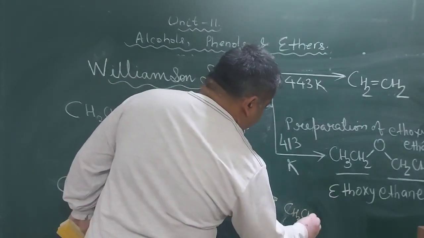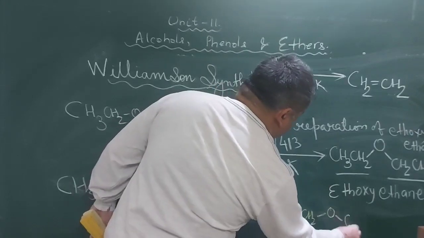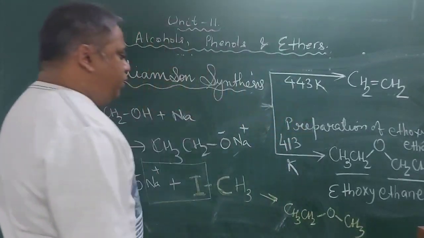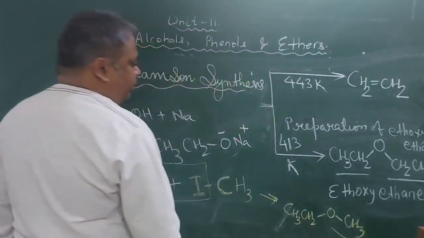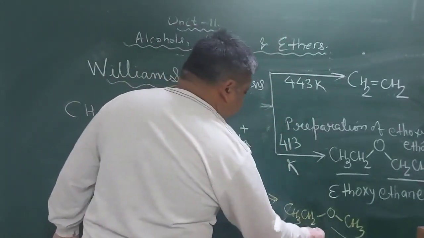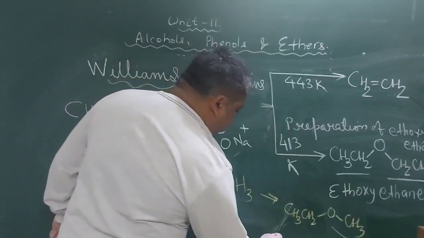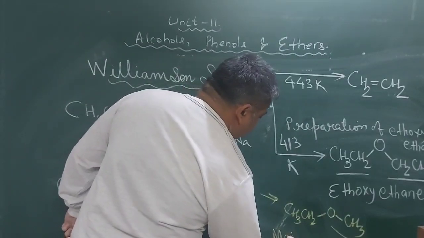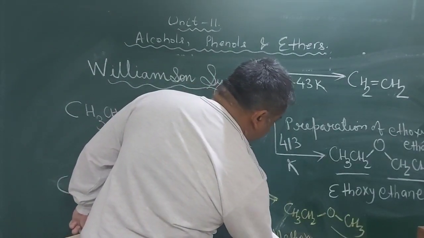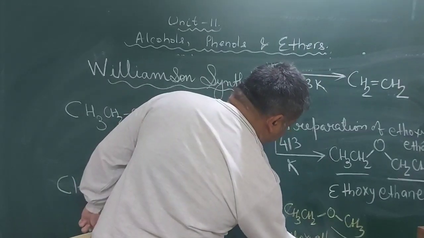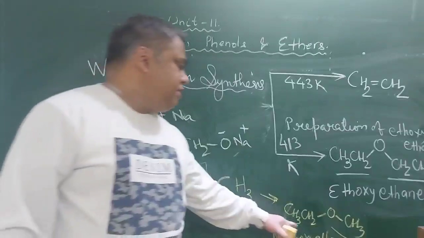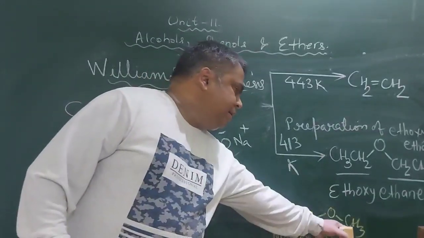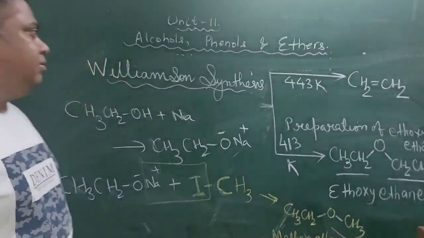CH3CH2OCH3. Now its name will be: the smaller alkane will become alkoxy and the larger alkane will become alkane. So it will be methoxyethane. Okay, we will not name it ethoxymethane, we will name it methoxyethane.